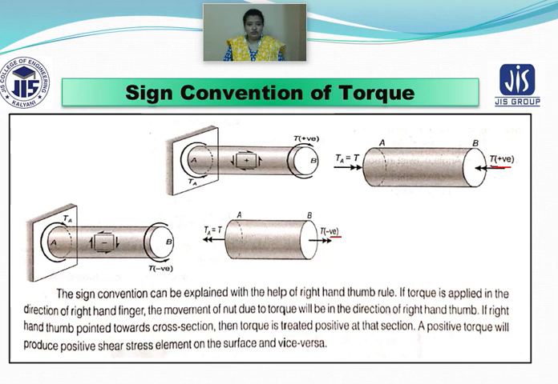A positive torque will produce a positive shear stress element on the surface, and a negative torque will produce a negative shear stress element on that surface. So you have to remember this sign convention also.